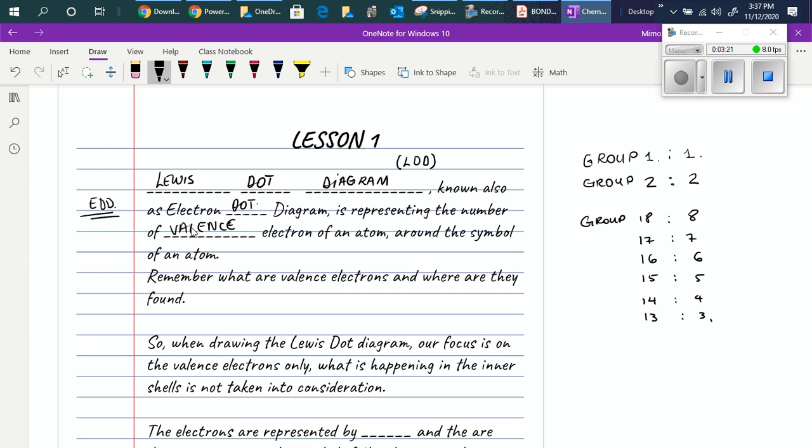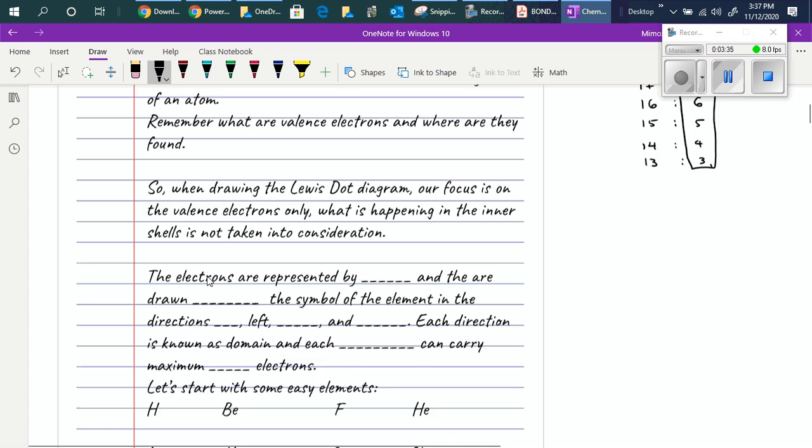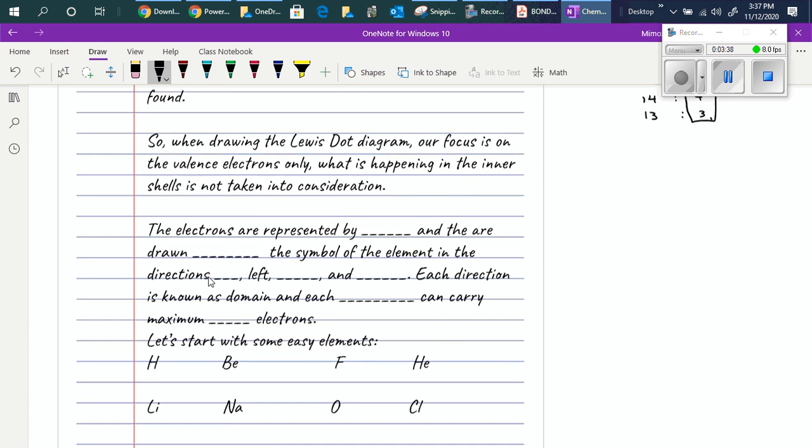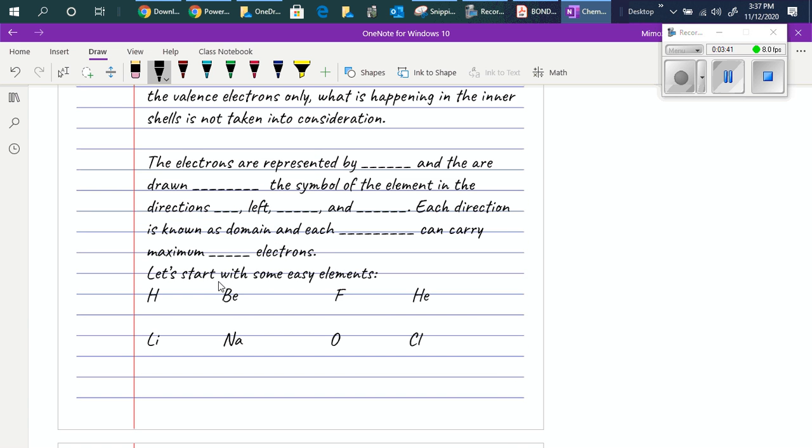So when we are drawing the Lewis dot diagram, we will focus on those electrons that are in the outer shell, not what is happening in the inner shell. Whatever is in the inner shell is not taken into consideration because it is considered to be a completed one. The electrons in the Lewis dot diagram or electron dot diagram are represented by dots, and they are drawn around the symbol of the element.